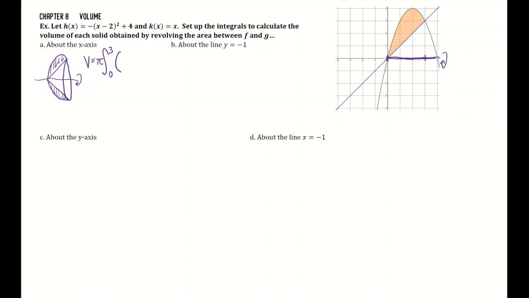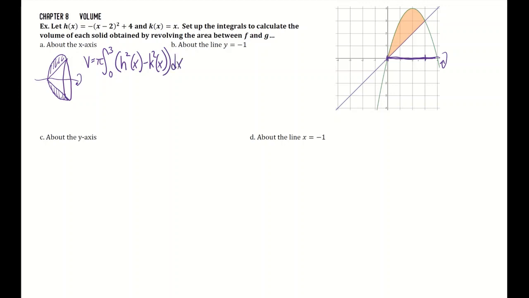And then my outer radius is the parabola, and my inner radius is the line. Actually, I'm going to write this a little bit differently. It's h squared of x minus k squared of x, dx. I can do that instead of having to use a million parentheses.